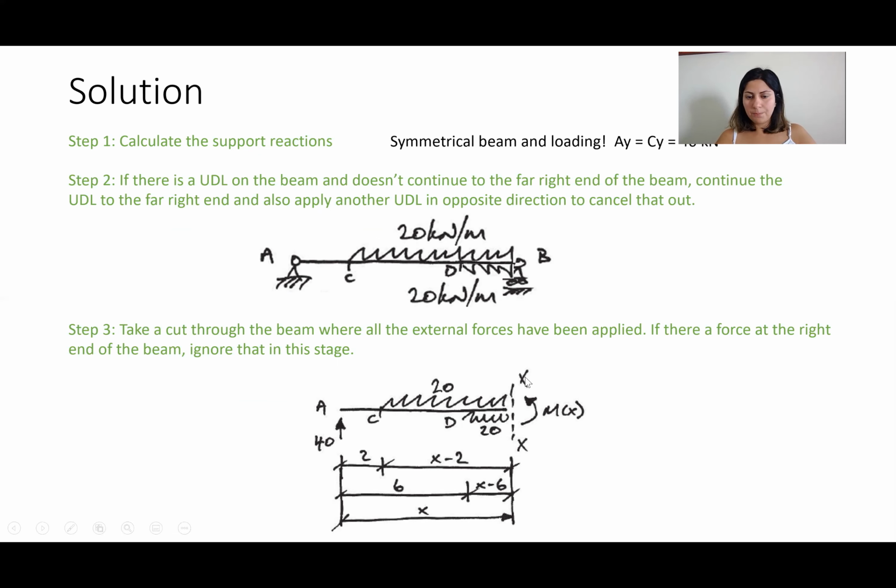As you can see, if we cut through here, if you didn't keep this UDL, you wouldn't see any x squared in your equation. And everything will go wrong in this method. So you have to keep it UDL until the last step. Do not replace it with concentrated load, okay?